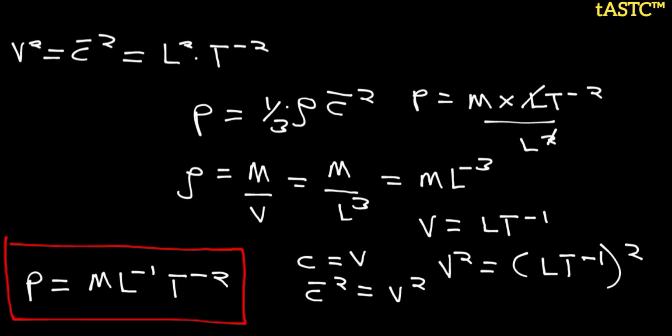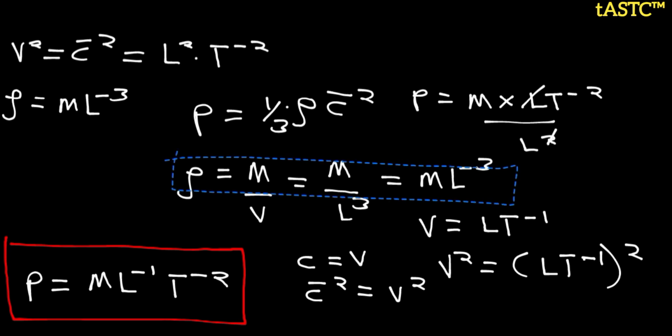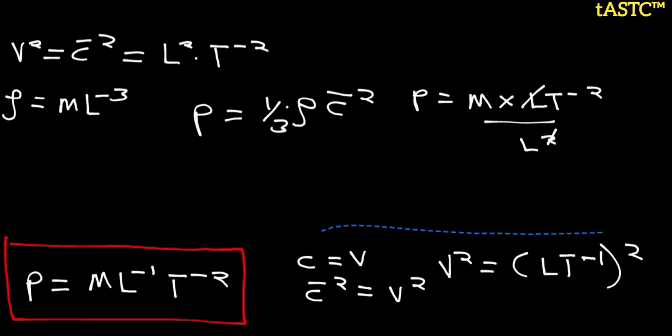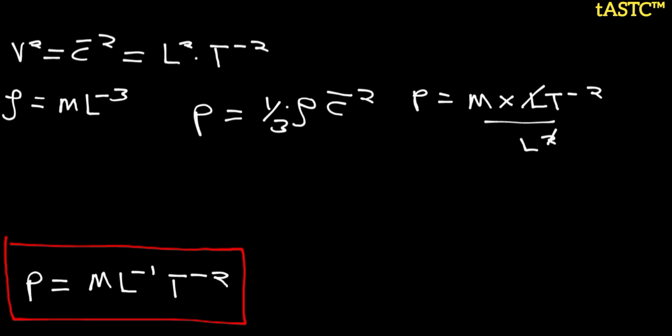Rho is M L raised to the power of -3, so we have to combine these. We're not going to consider the one third, because that is a constant, a normal number. It doesn't have a dimension, so we're not bothering ourselves with that.